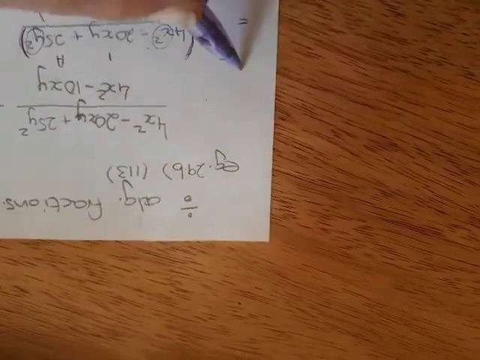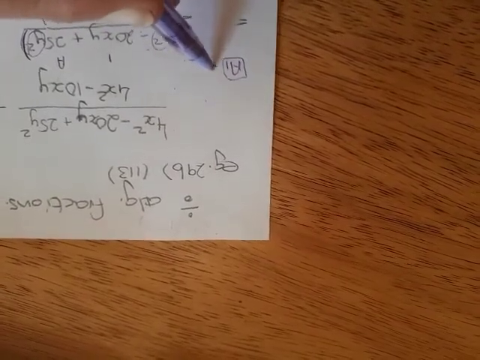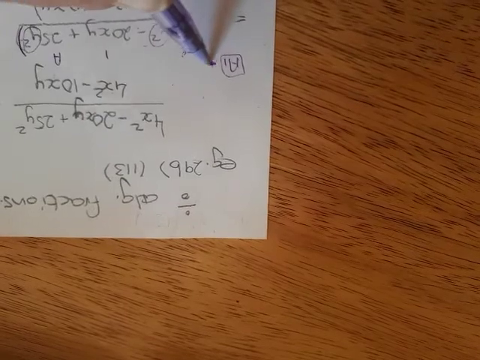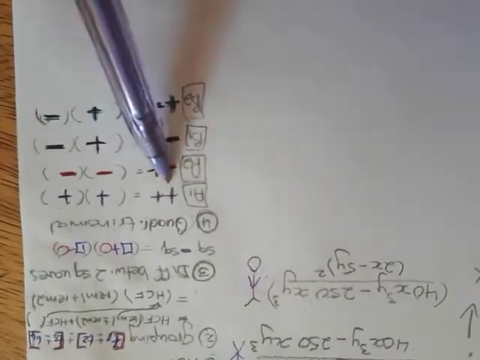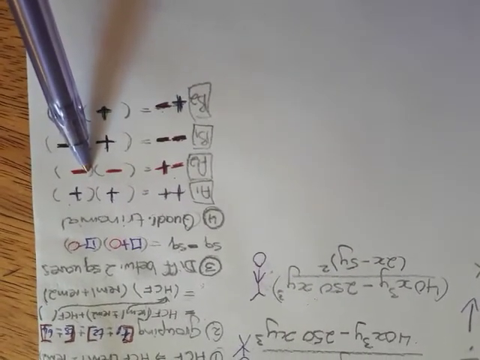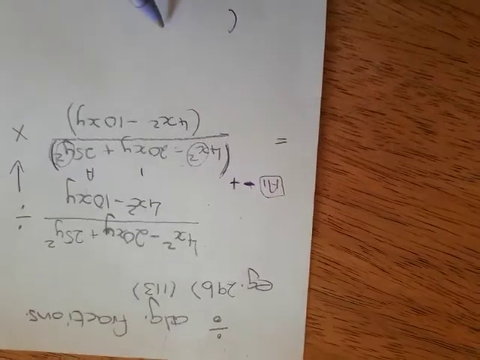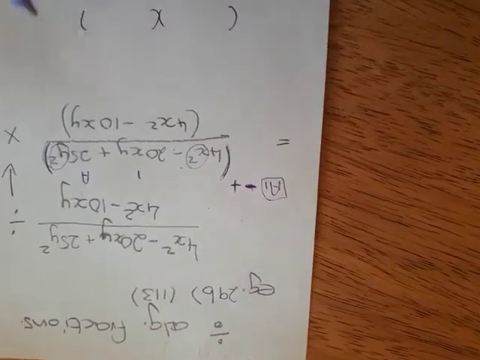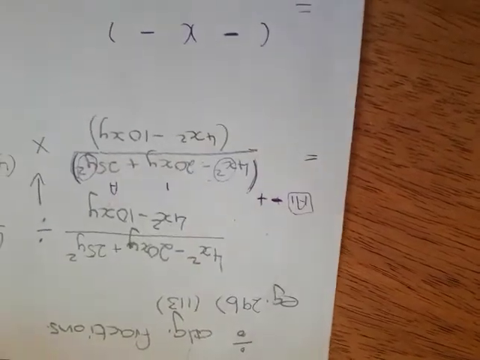So you have an A1, which is a plus, a minus, and a plus, and then you will have two negative brackets. So the next step, I will put my brackets down, and I will already put my negative in here.